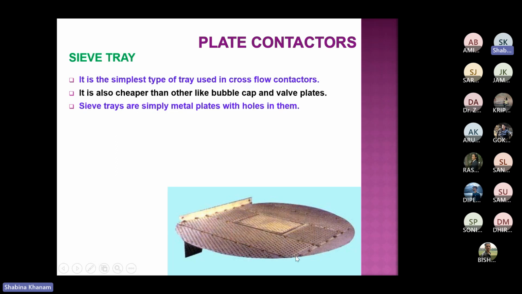So some holes you can find because of these bolts. Because of the bolts also some holes are made, so all holes are not available for mass transfer.